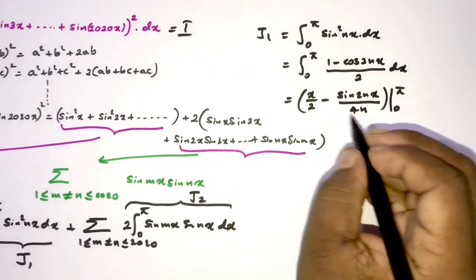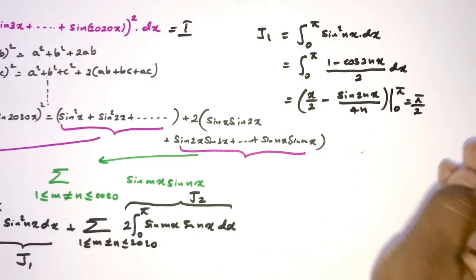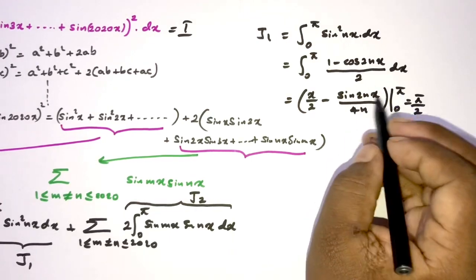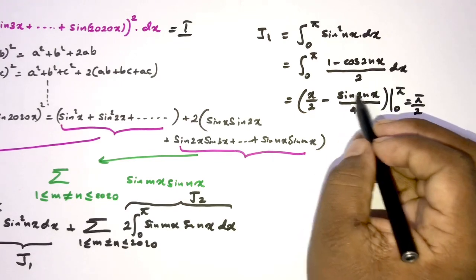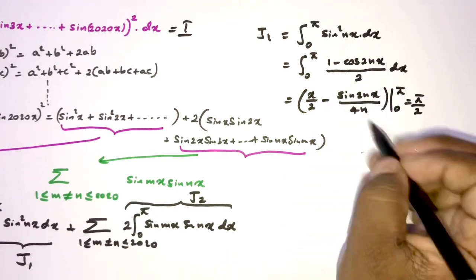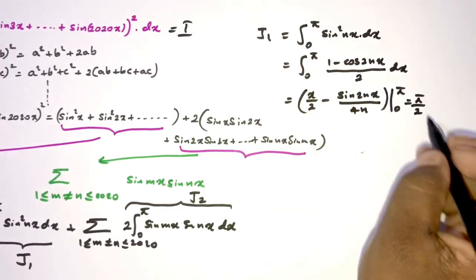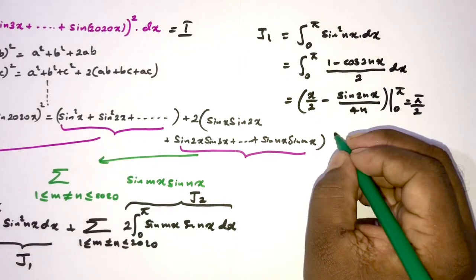If we plug in pi, we get pi over 2 minus sine of 2n pi over 4n; since n is a positive integer, sine of 2n pi is 0, and if we plug in 0 also we get 0. So j1 is equal to pi over 2.